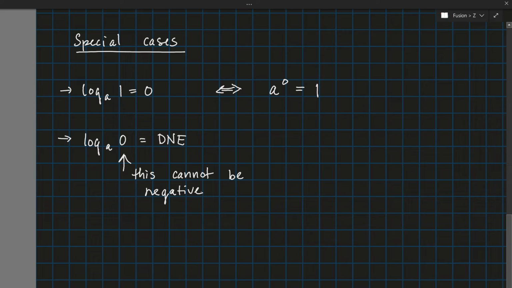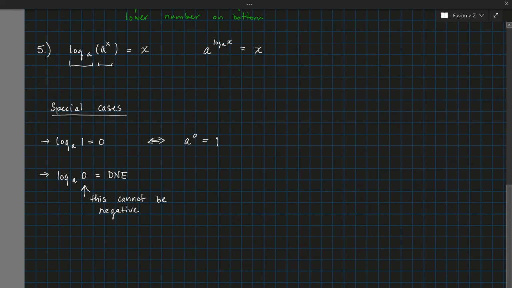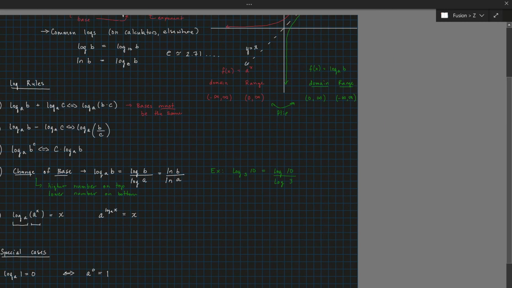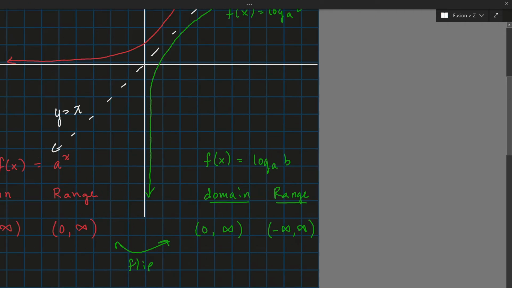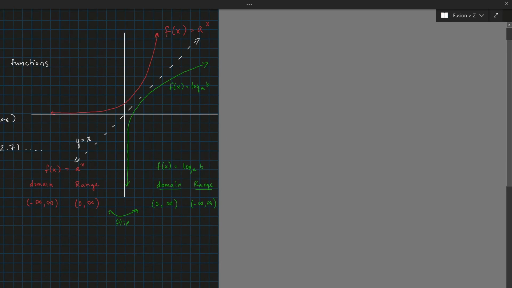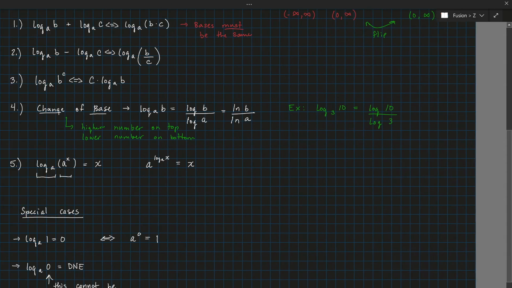You can't put a negative number into the argument of a log function, because if we go back to the plot, it never crosses the 0 line. So anything 0 and below does not exist in the function. And here, I'll let you write that.